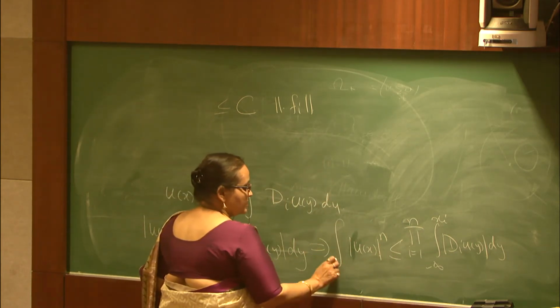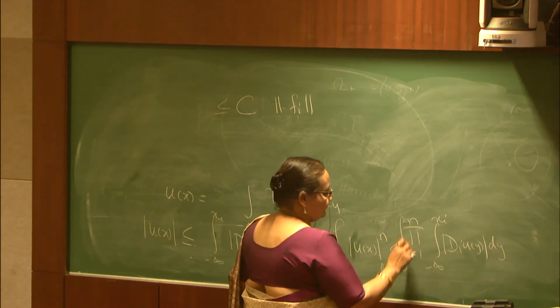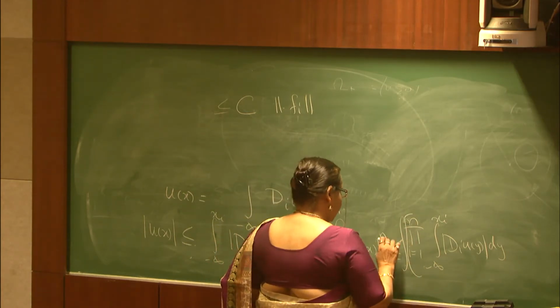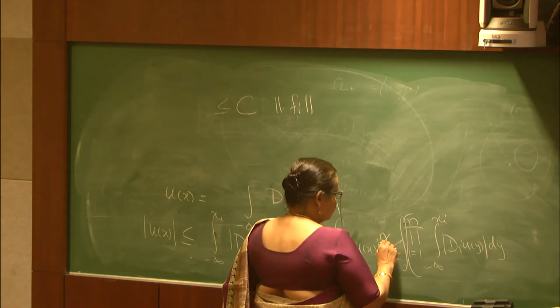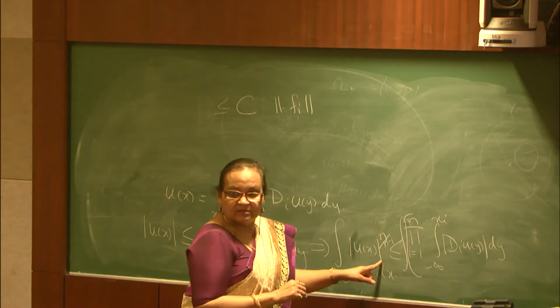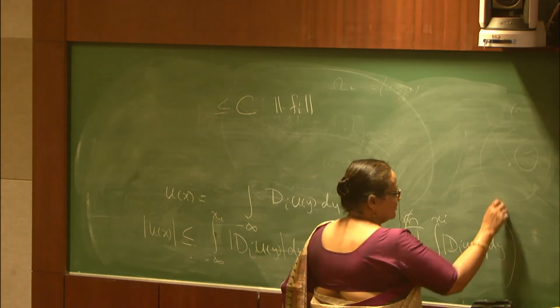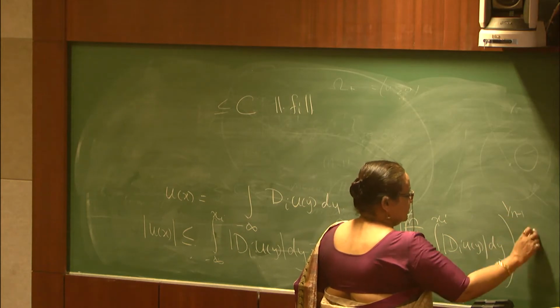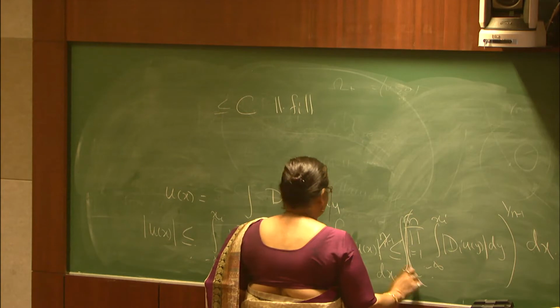What I will do is I will integrate with respect to dx. Yeah, we want n upon n minus 1, right? So I will have this power 1 upon n minus 1 dx. Okay. So this is over omega.